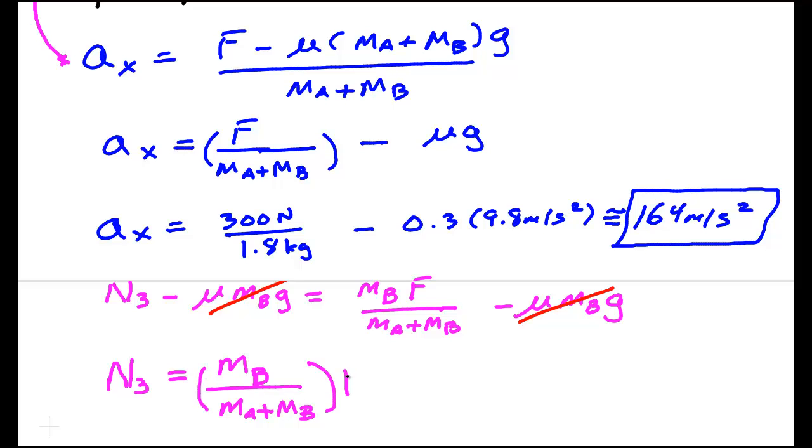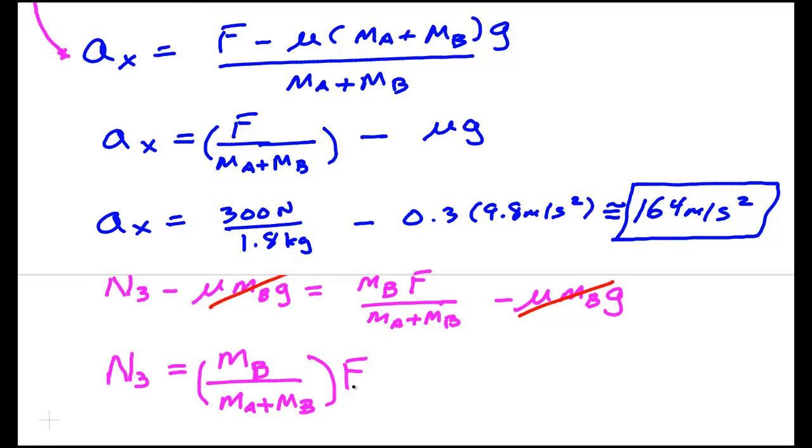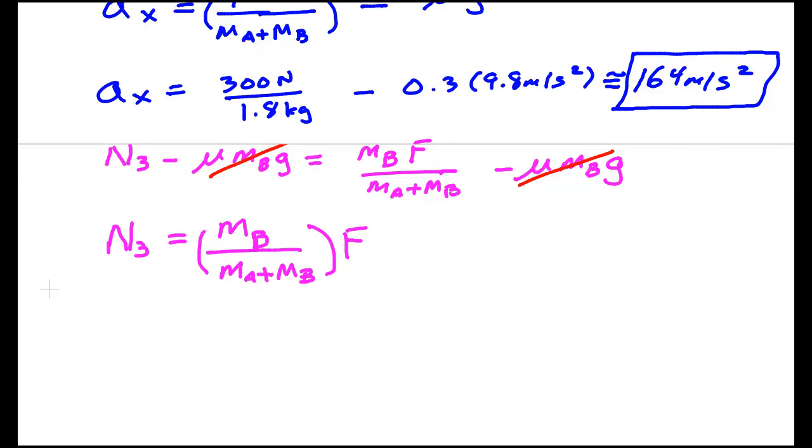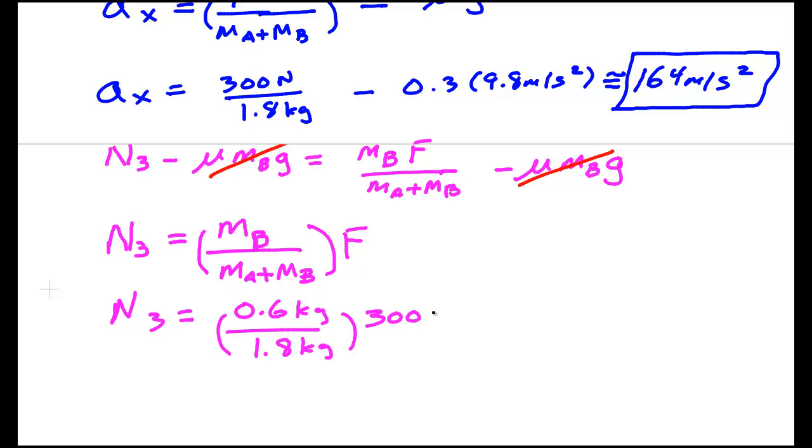All of that times that external force. So N3 would be equal to 0.6 kilograms over 1.8 kilograms times 300 newtons. Well, this is 1/3 times 300, which gives a force of 100 newtons. So that's the force, 100 newtons, between the two blocks.